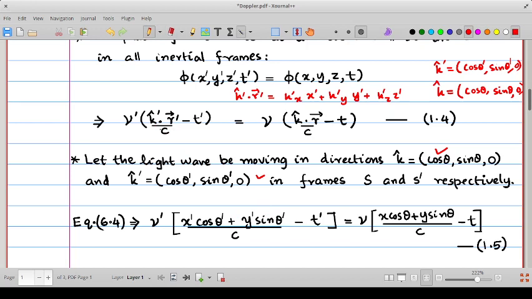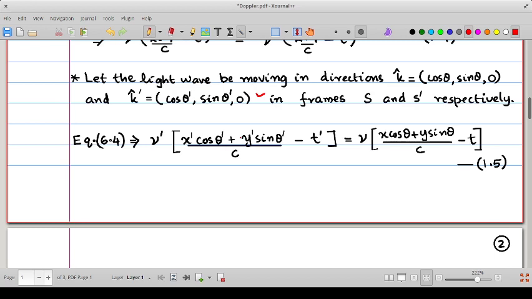Now the factor of c in the denominator stays as c, and t' as t'. On the right hand side, using the expression for k, we can write it as (x cos theta plus y sin theta) by c minus t.